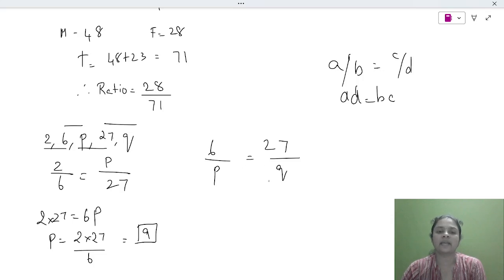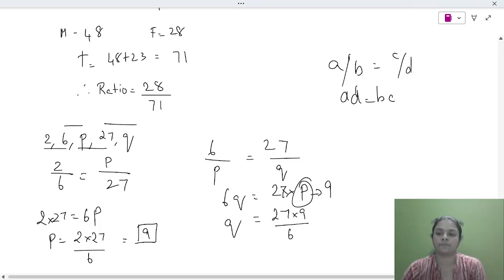And similarly, we can write 6Q is equal to 27 into P. Now I already know the value of P, which is 9. So I can substitute Q is equal to 27 into 9 by 6.